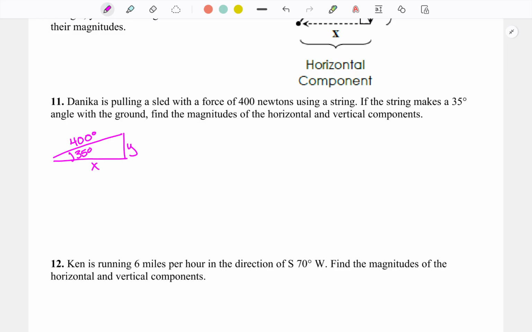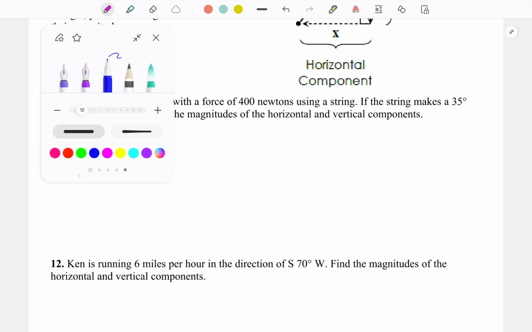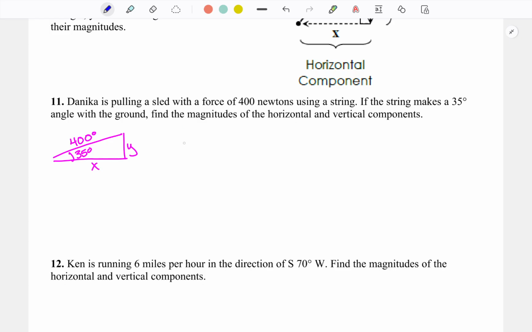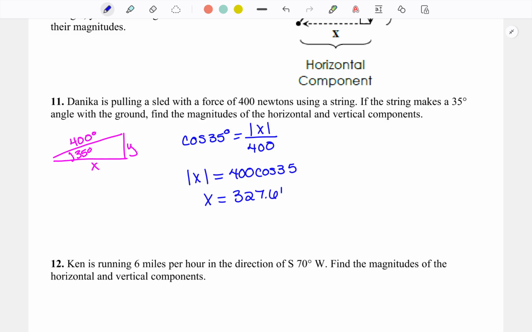So for the horizontal component, we'll have the cosine of 35 degrees equals the absolute value of X over 400. And so the absolute value of X is 400 times cosine 35, and then X equals 327.66.